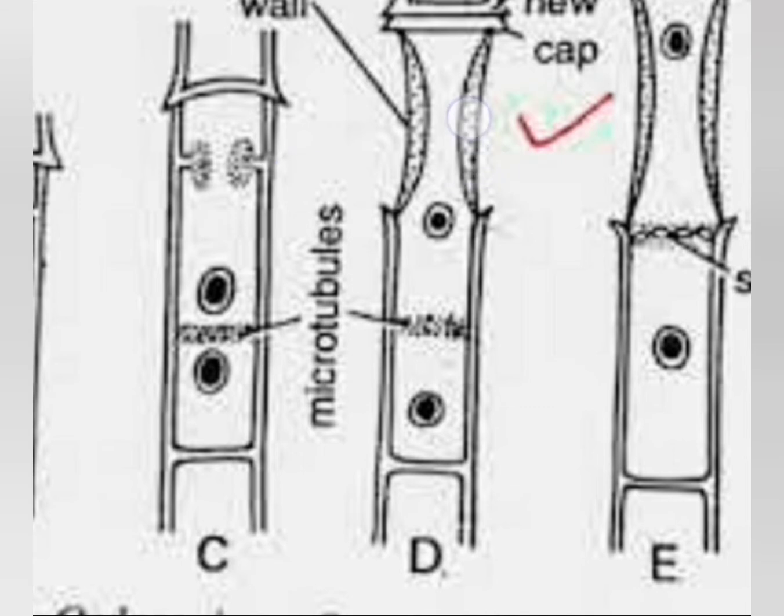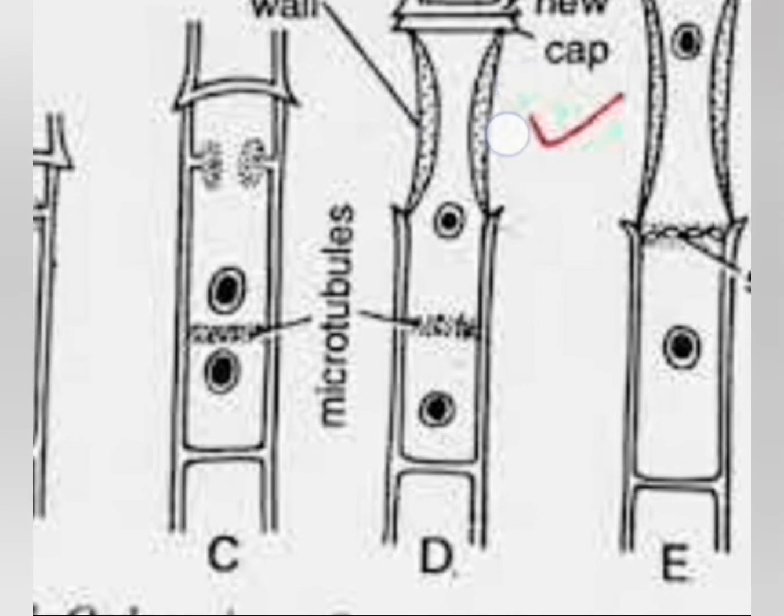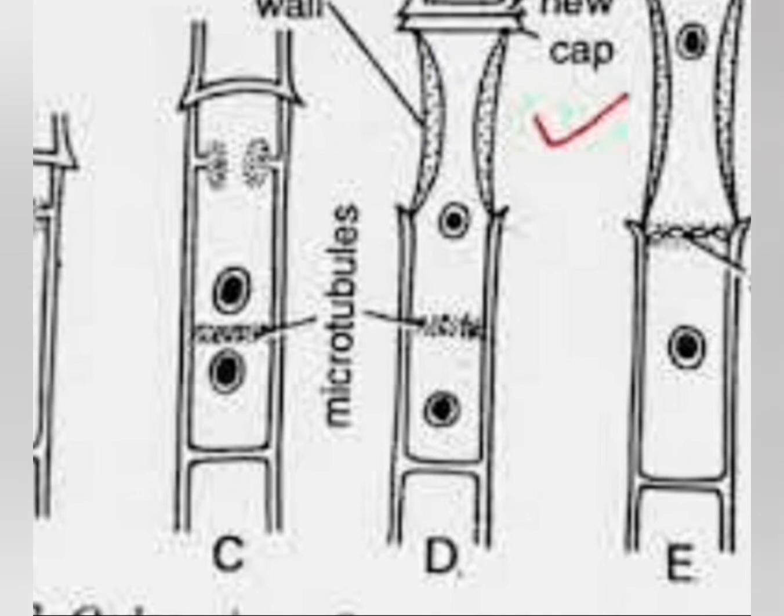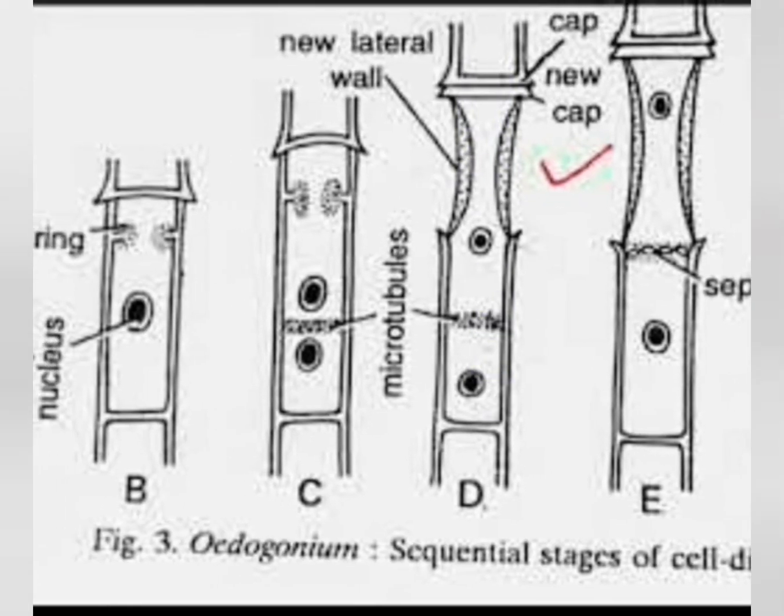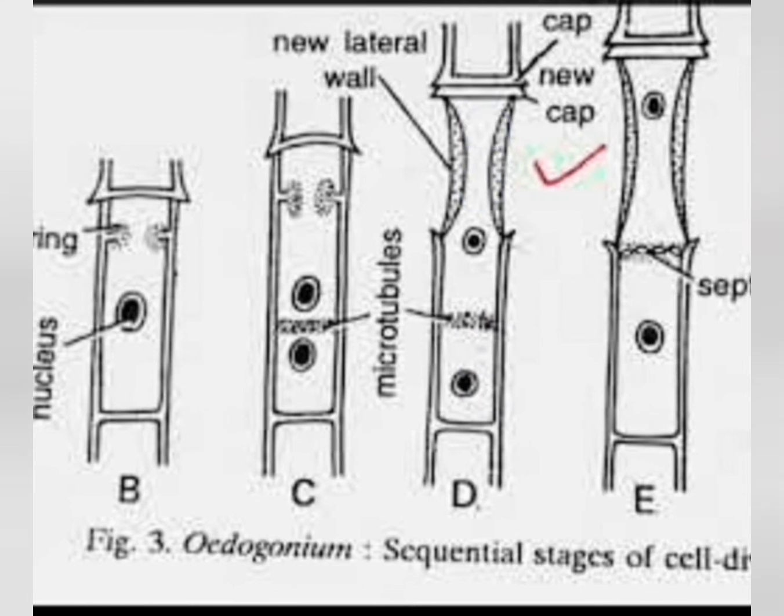You can see in figure D, on both sides of the cell wall, the ring-like thickenings elongate and split the mother cell, only towards the apical region, the upper region, not the lower region.